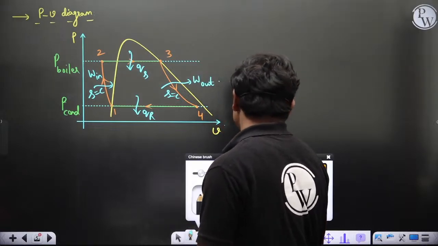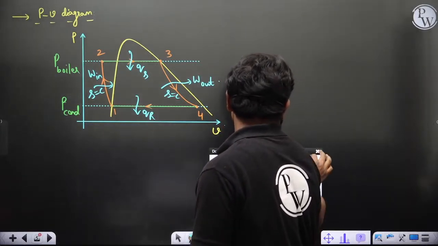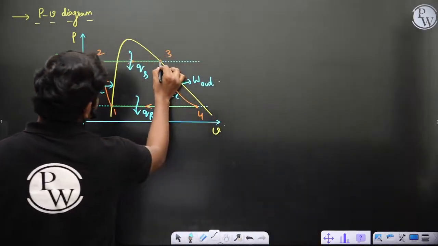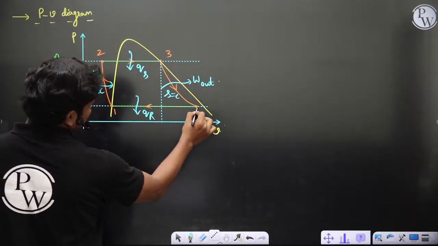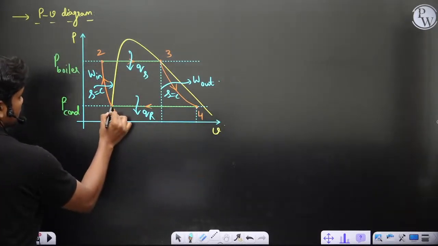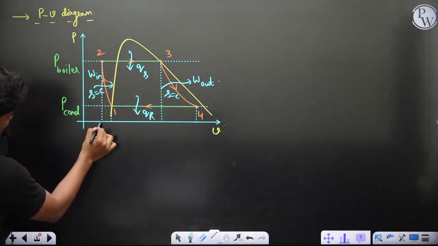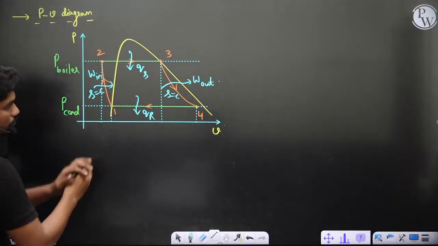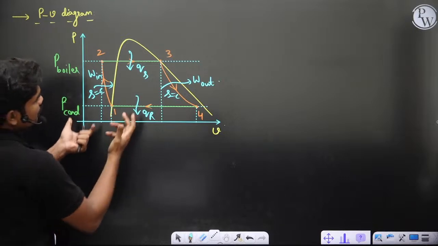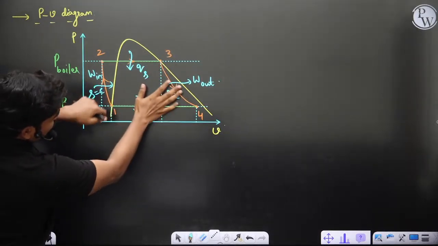Like for example, I'll just tell you one thing. Look here. If you consider this volume change and this volume change, intentionally I have done this very slow, because actually it won't be even this much, but much smaller. But to make you understand, I have done this because clearly at this location the vapor phase is more.